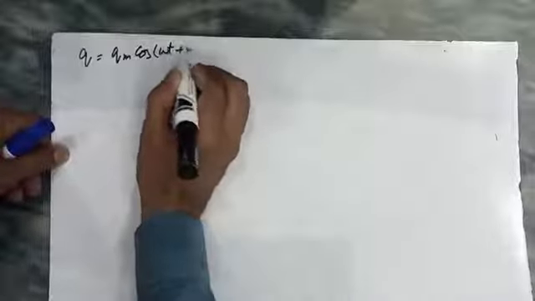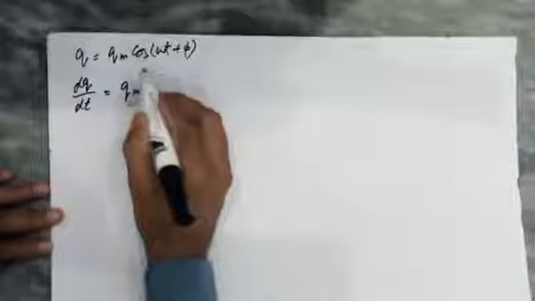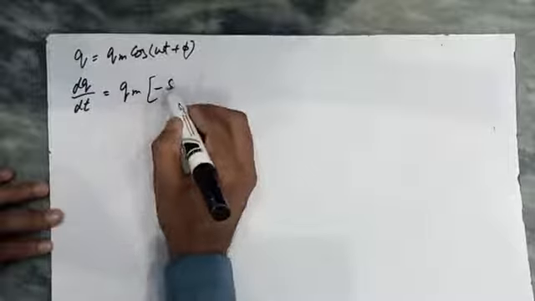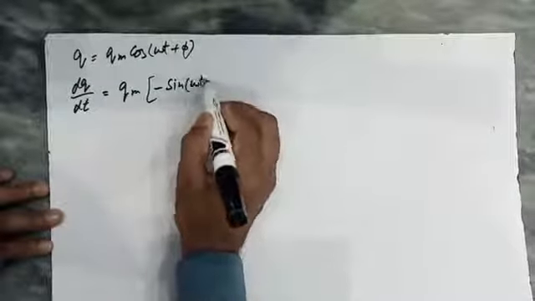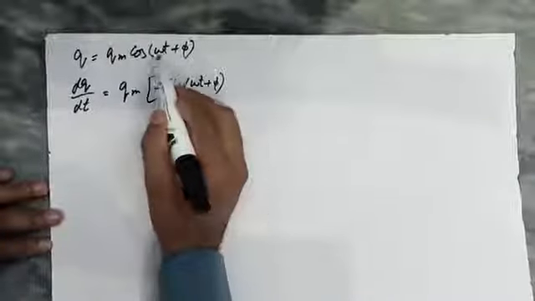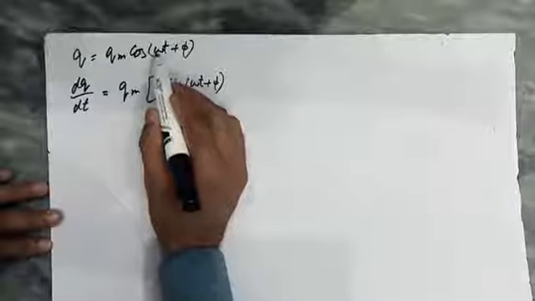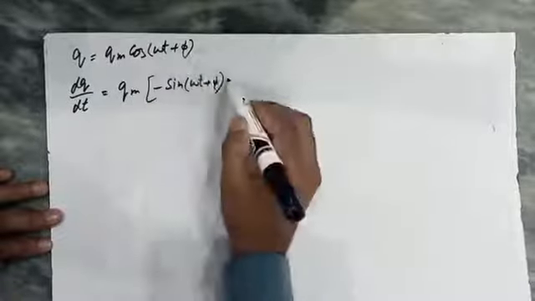As charge Q is given, Q is equal to Qm cos(omega t plus phi). I take its time derivative, that is dq over dt is equal to Qm times the derivative of cos, which is minus sine(omega t plus phi), and then I take the derivative of its angle, which with respect to time is omega.